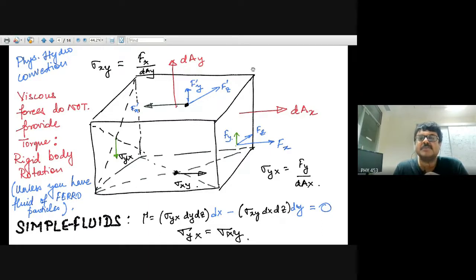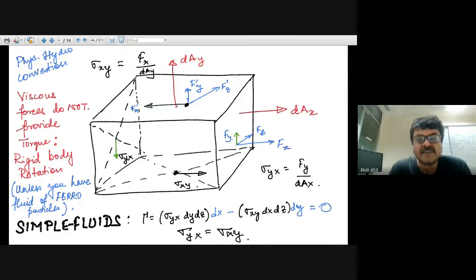And the distance between the two forces acting, one is in this direction, the other is in this direction, both have magnitude sigma xy. Since viscous forces do not result in a net rotation of the fluid, this torque has to be 0.